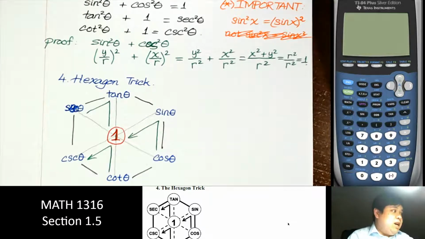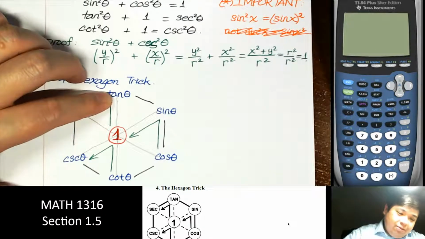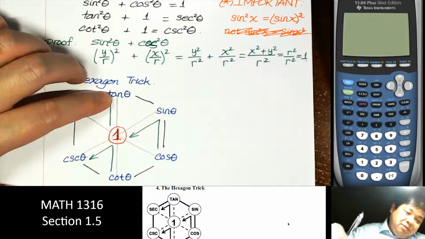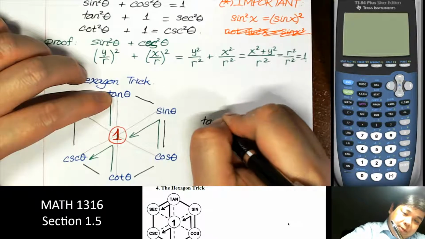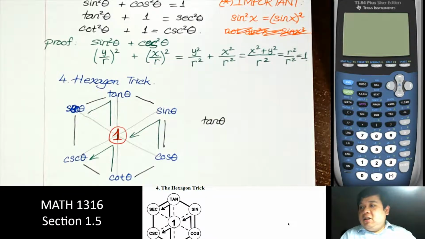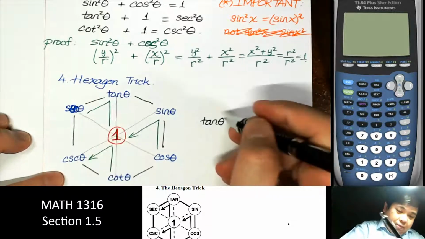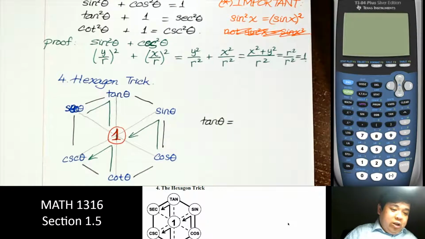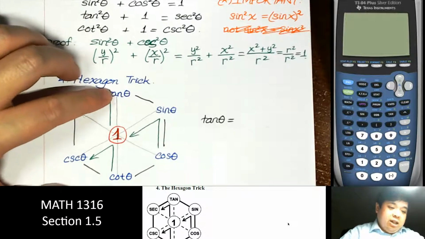Now how does that work? For example, let's pick anything. Tangent on the top. I'll go with tangent. If we have tangent on the top, there will be 3 ratios. Tangent on the top here.